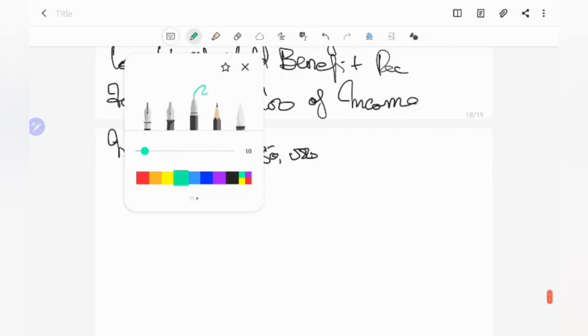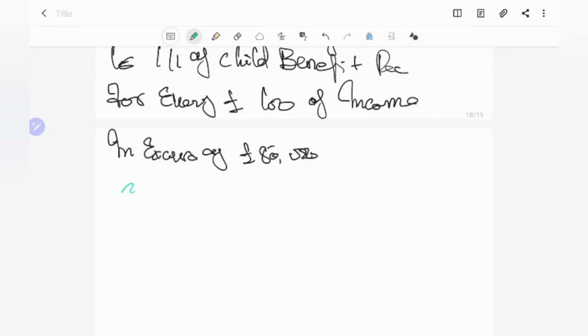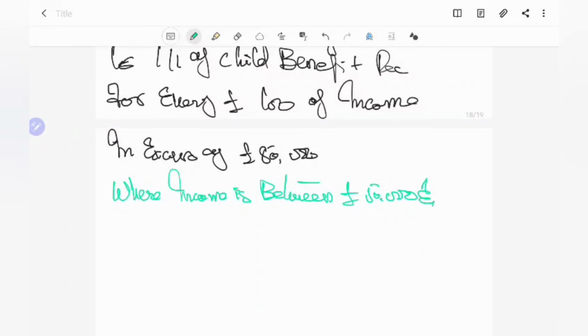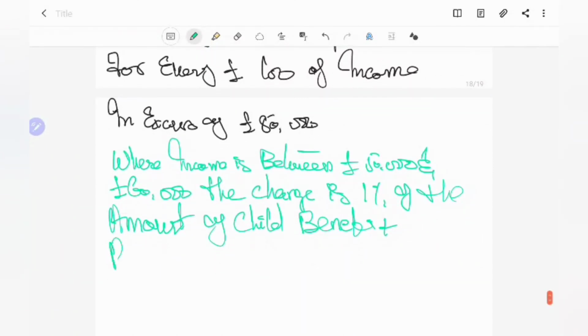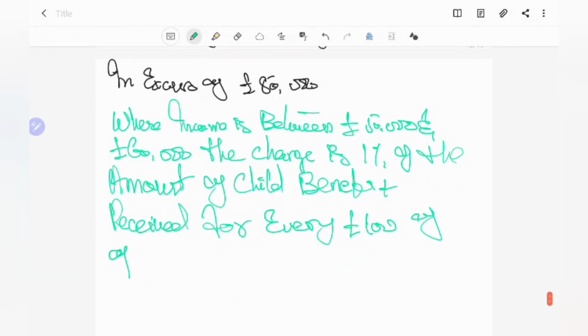Right, let me write this one with this color for you. Where income is between 50,000 pounds and 60,000 pounds, the charge is 1% of the amount of child benefit received for every 100 pounds of income over 50,000 pounds.